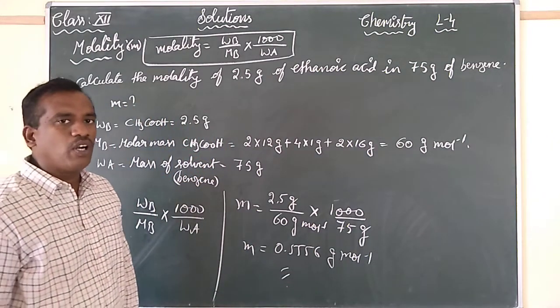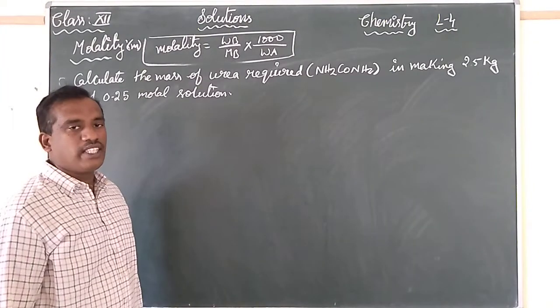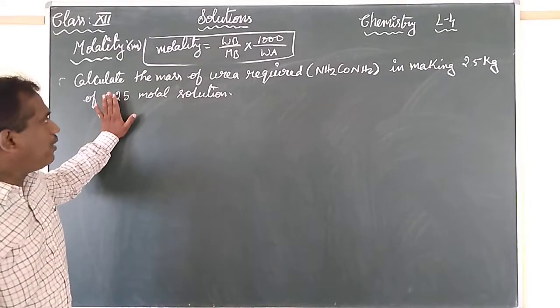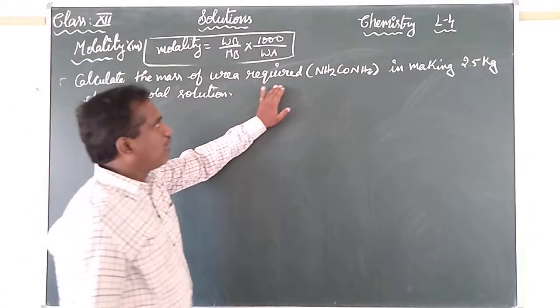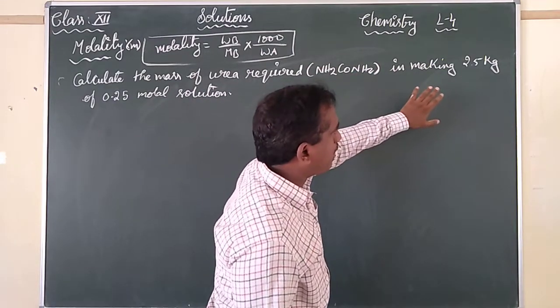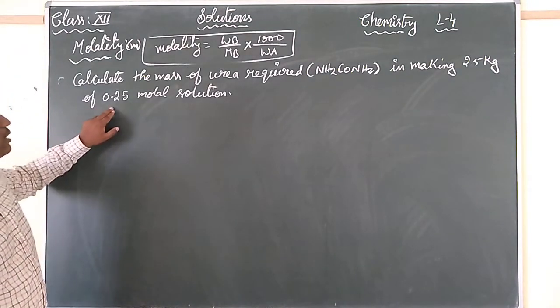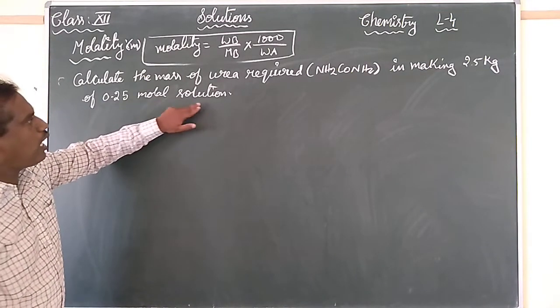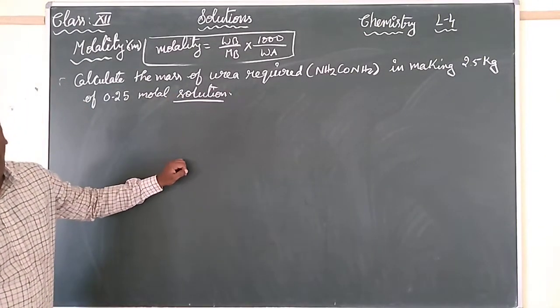Let's take one more numerical on this one. Let us see the question. Calculate the mass of urea required, that is NH2CONH2, urea formula, in making 2.5 kg of 0.25 molar solution.